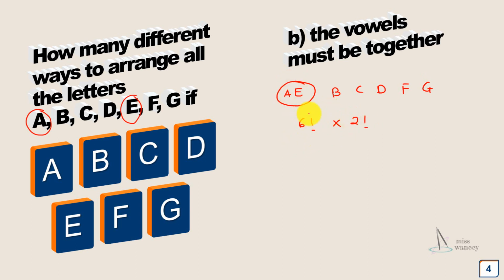So 6 factorial because I have one group, and B, C, D, F, G. So altogether we have 6 things to arrange. And within the group, I have 2 factorial because I can arrange the things in the group. So 6 factorial multiplied with 2 factorial. So this is 1440.